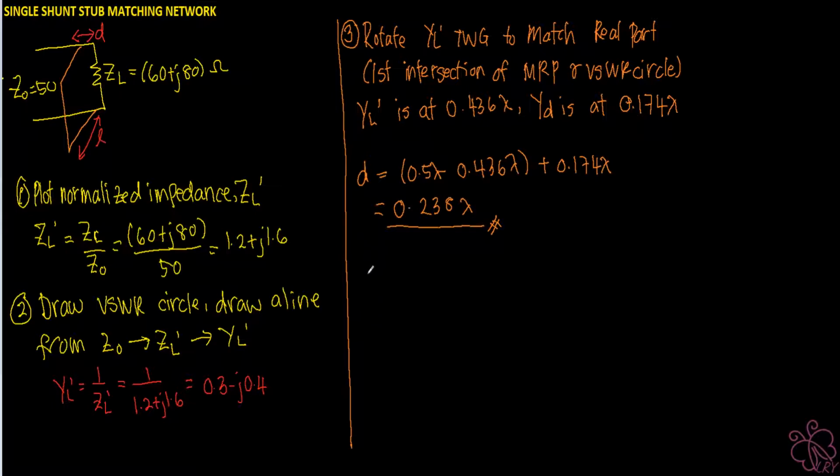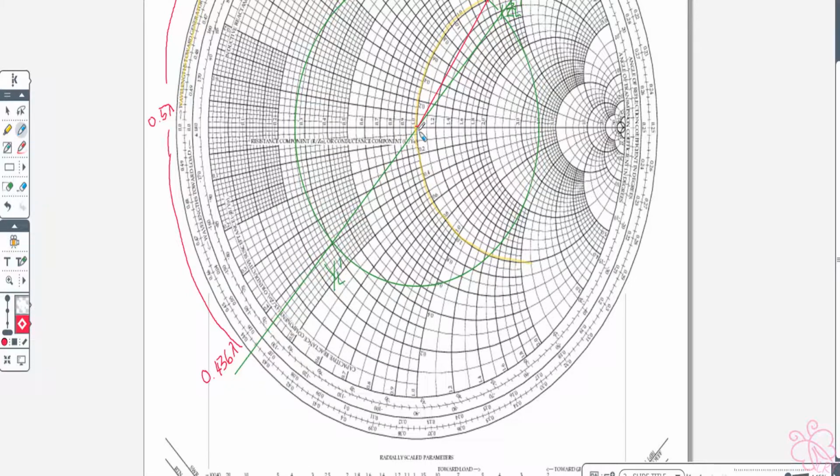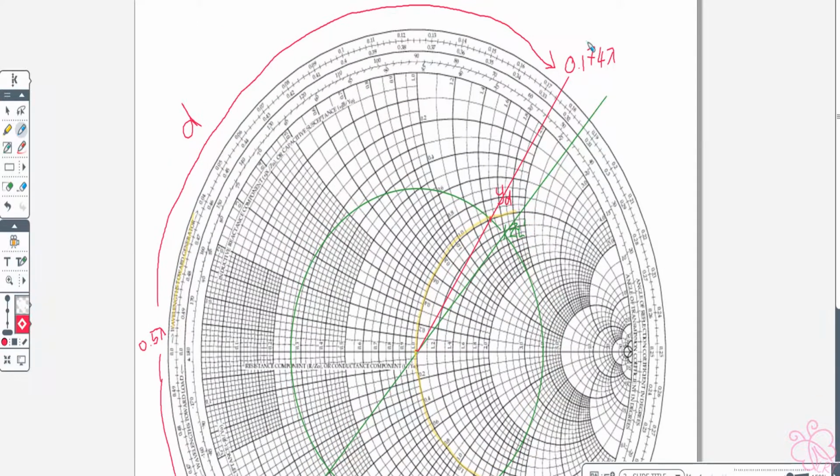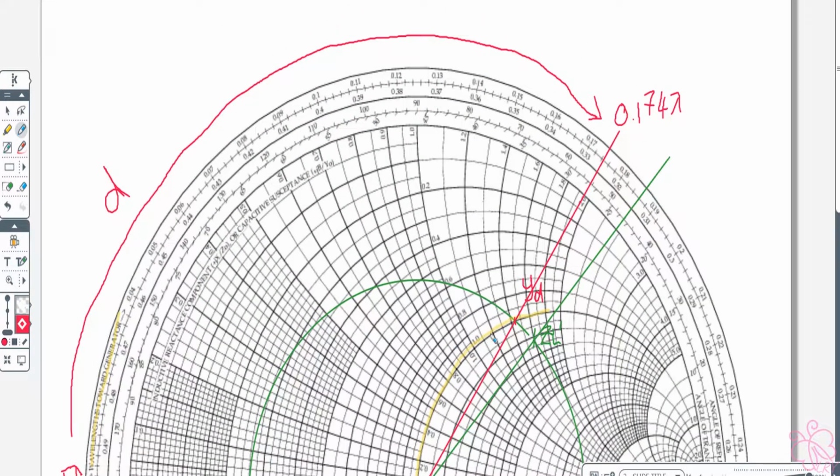From the slide, we know that Y total equals YD plus YL, which equals 1. Let us look where our YD is. Location of our YD is here.